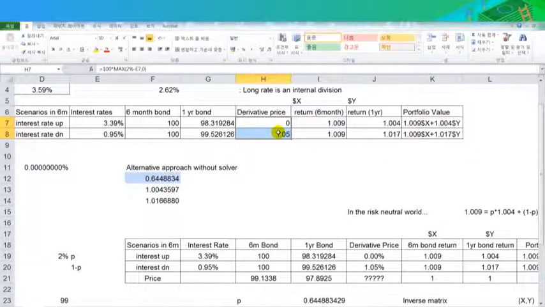Okay, so that's our goal. So we want to decide how much to invest in 6 months bond and how much to invest in 1 year bond to make our portfolio value the same as the derivative price.